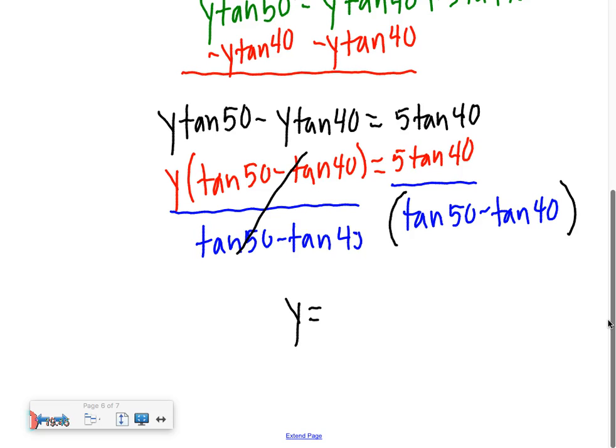Enter. Parentheses. Tangent. Parentheses at the end. Minus.